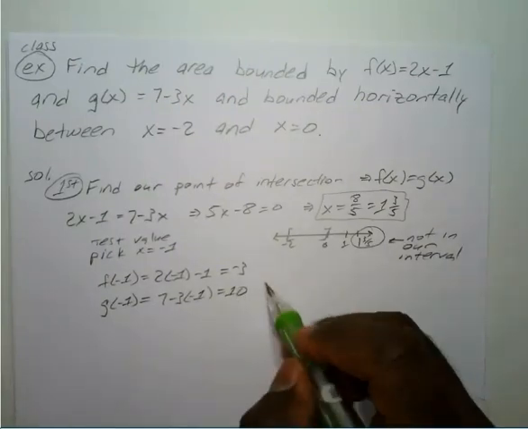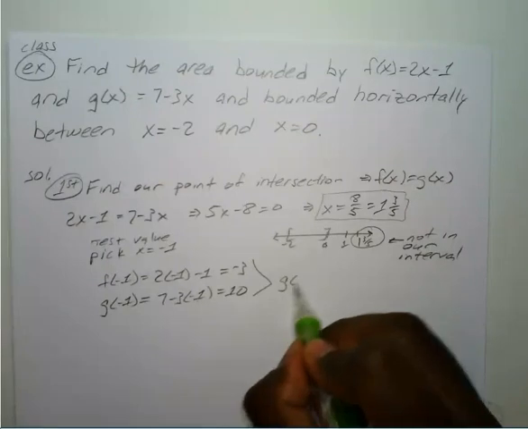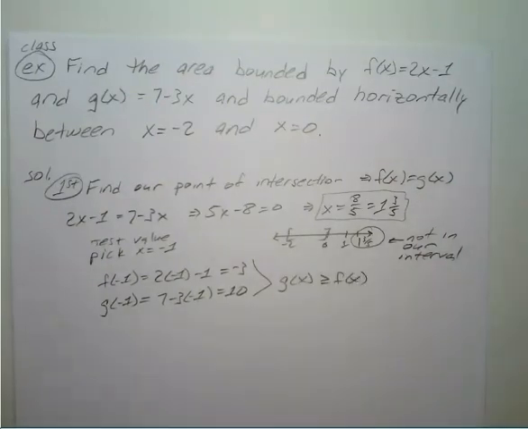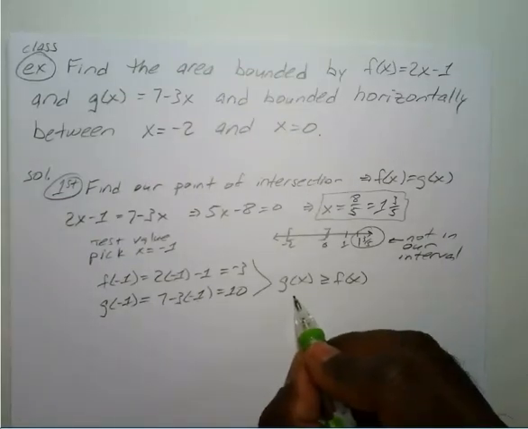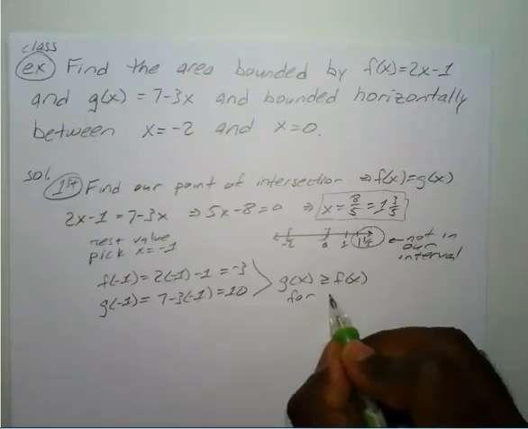So we see here that g of x is greater than or equal to f of x for the entire interval of -2 to 0.